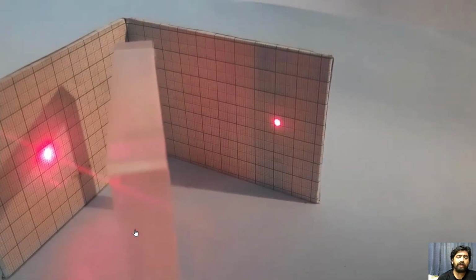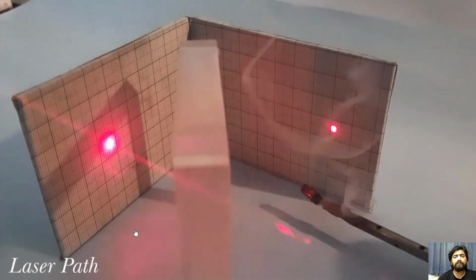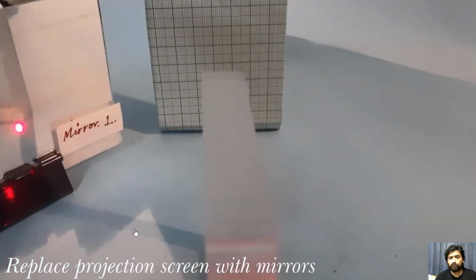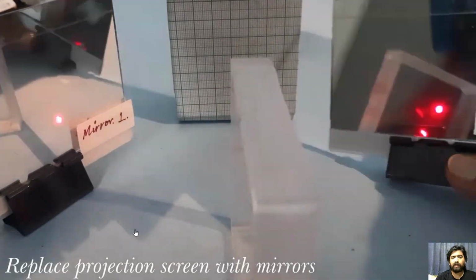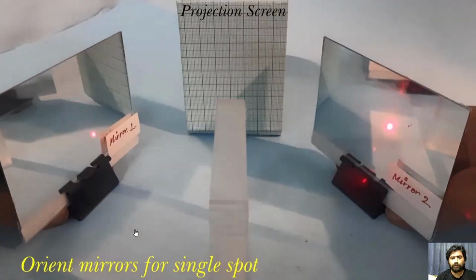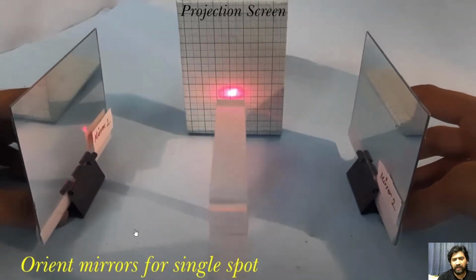Of course, now we can utilize two appropriate mirrors in such a way that these two beams can further get merged onto the desired location, like they typically do in the case of the three beam system. Let me put mirror 1 and mirror 2 here, and these two beams, which are generated from the same beam, will now get merged at a single spot.